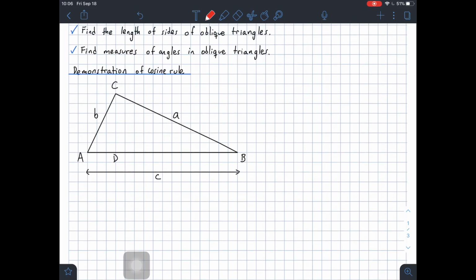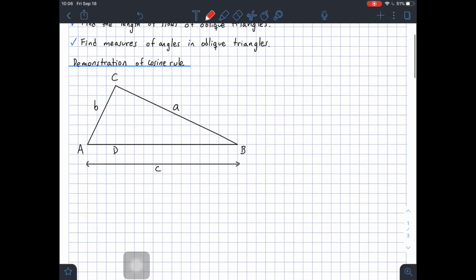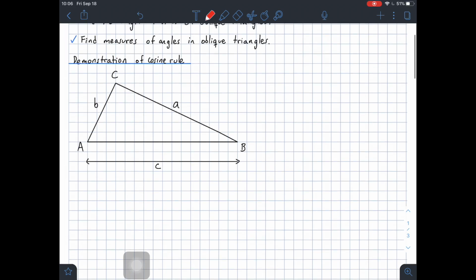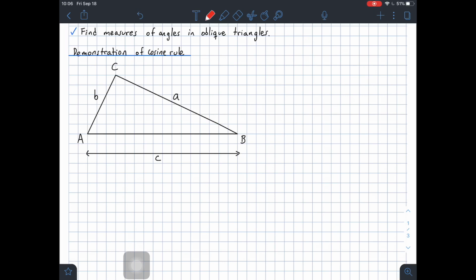So you see that it's triangle ABC. I'm going to erase this for a second. Triangle ABC, where we have side c, side a, and side b, right? You already know the rule to name each side. So we're going to do the same thing we did for the sine rule. We're going to trace the height of this triangle, considering that side c is the base.